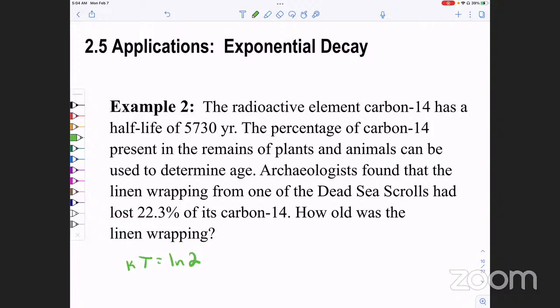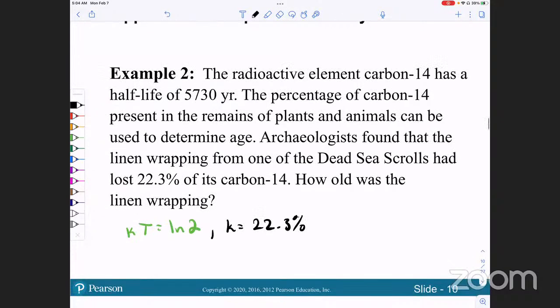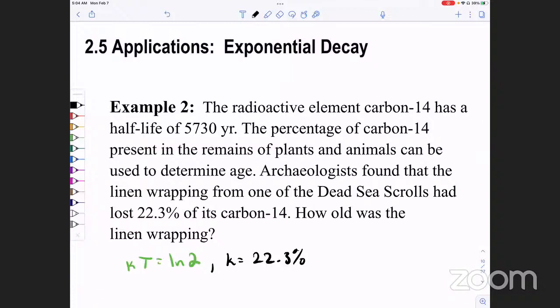It says how old, and the amount equals 22.3%, T. Let me think about this. Half-life, right?